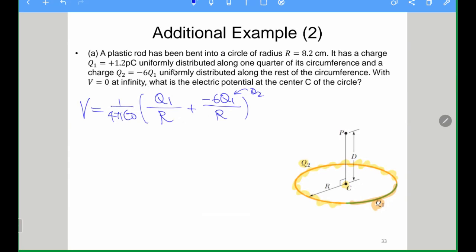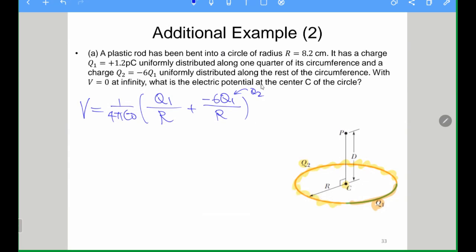You don't really need to go for any integration because this is just a circle. So all the distances from this rod to this point are the same. The distance from here to here is the radius. The distance from here to here is the same distance. So you don't really care about how the charge is distributed.